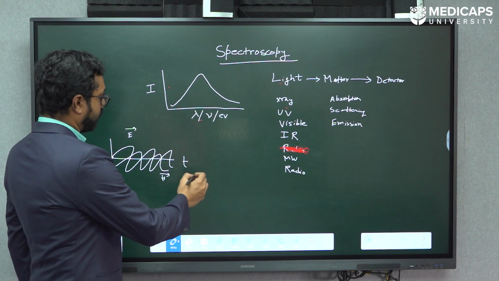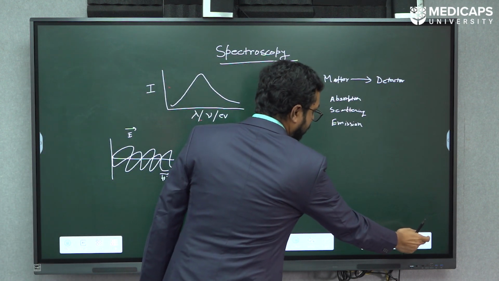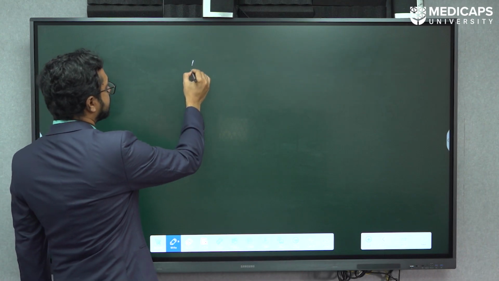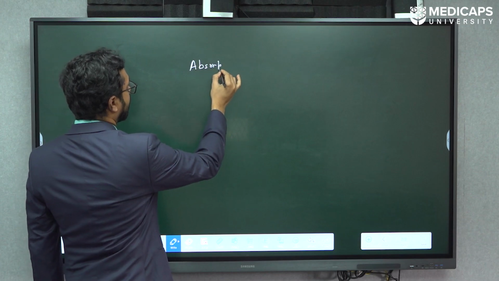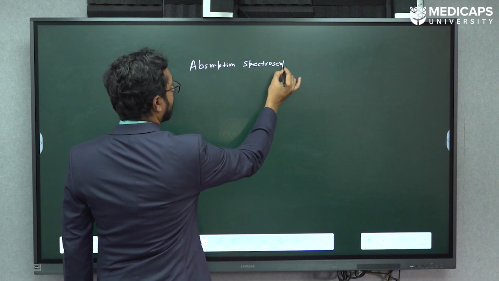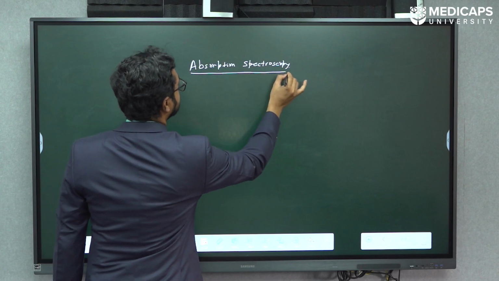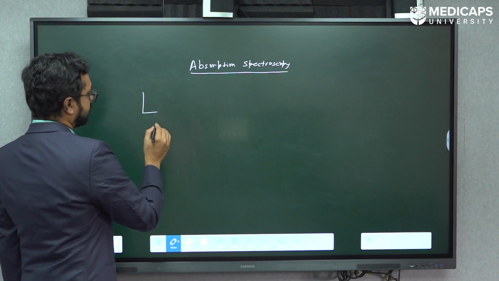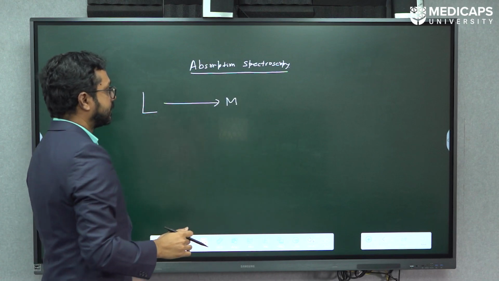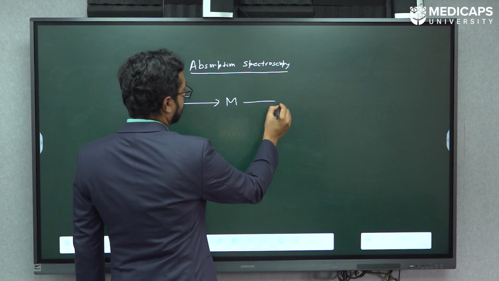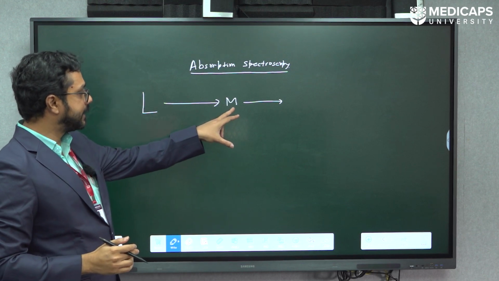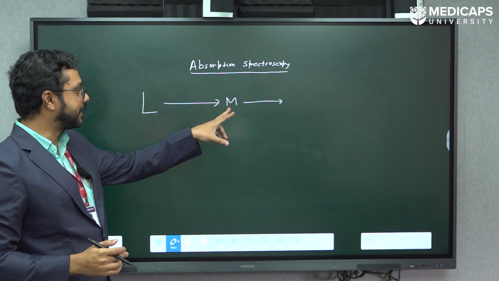Now we will move to a specific example. Say you want to study absorption spectroscopy. What happens here is, say you have a light source, it will fall on matter. After the interaction, some light is already absorbed by the matter.